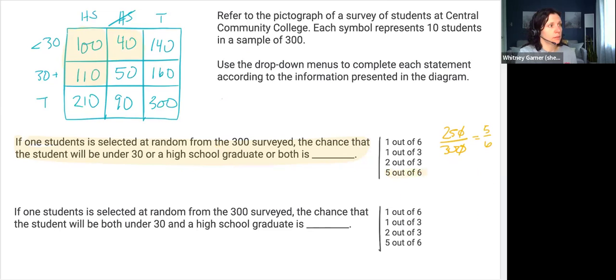Okay. If I then want to move to question number 2, I'll do question number 2 in green.